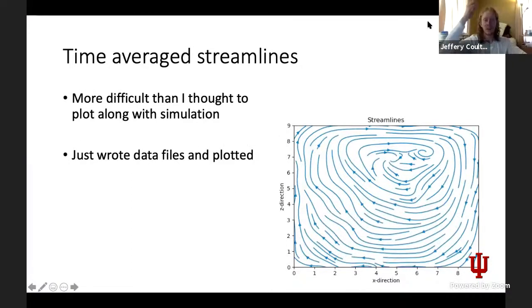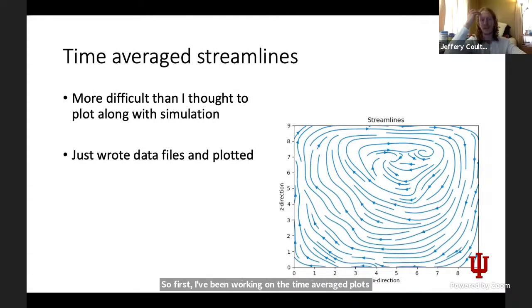So first, I've been working on the time averaged plots like we talked about last week. I spent a lot of time trying to get it to run with the simulation, but I had the issue that the numpy arrays that I was saving the position and velocity in would reset every time the function is called.